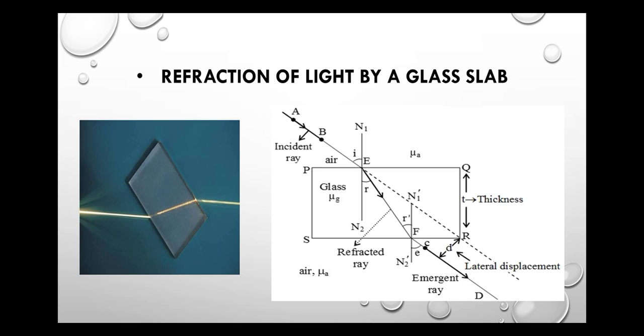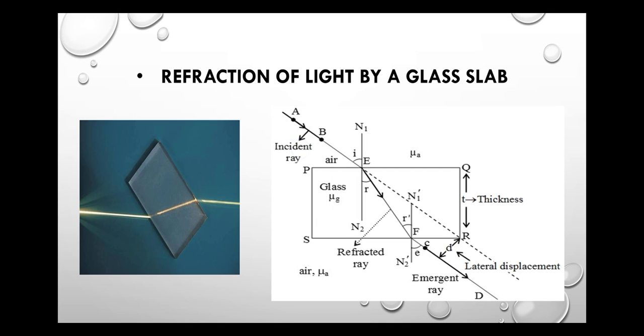Refraction of light by the glass prism. Here you can see the two less dense media, here the air and here again the air. So when the ray of light enters from air to glass, it bends towards the normal, and again when the ray of light enters from glass to air, it bends away from the normal.